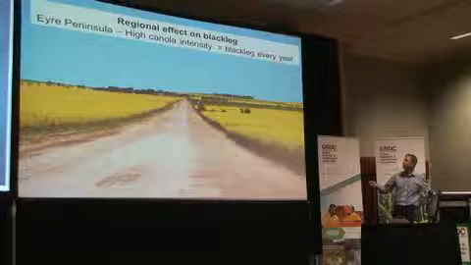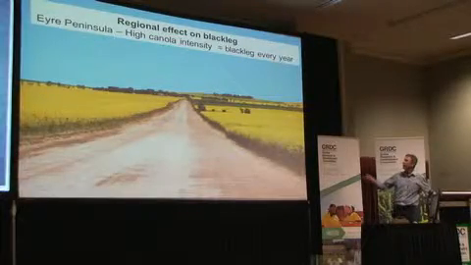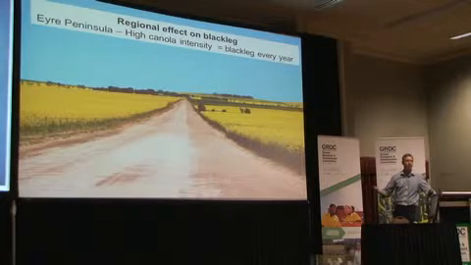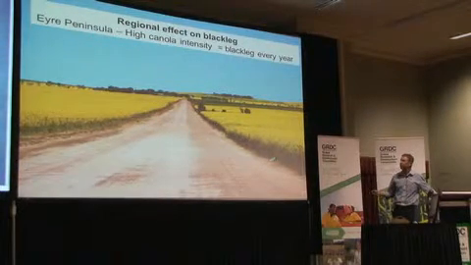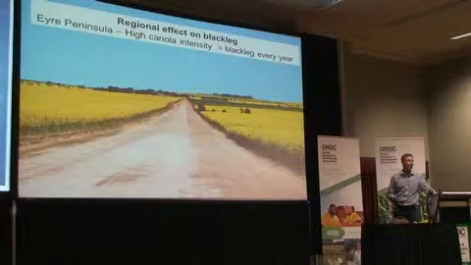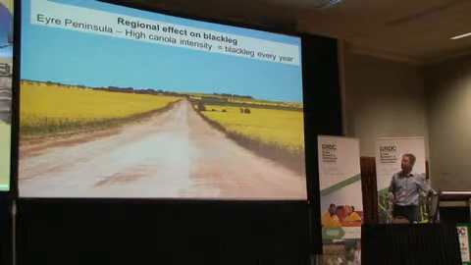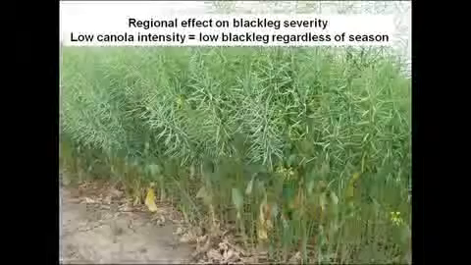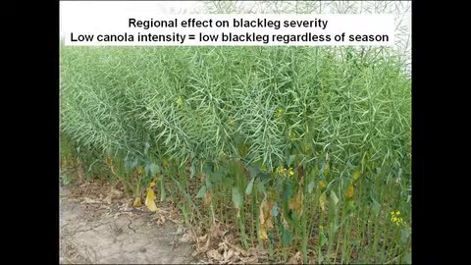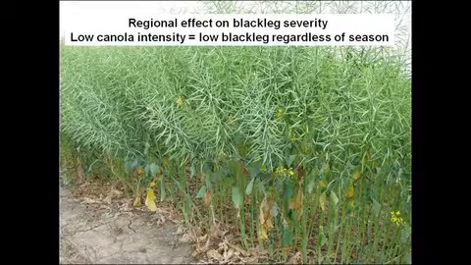So if next year you grow your canola in here, you've got stubble either side of it, and you're getting really high levels of inoculum. And this level of disease is dependent on the region you're growing in, which obviously you can't change, as you can't change the location of your farm. On the flip side of that, this is a crop a couple of years ago after the drought in Victoria, where no one had grown canola for a few years, hadn't had the opportunity, and grew magnificent crops with virtually no disease at all.